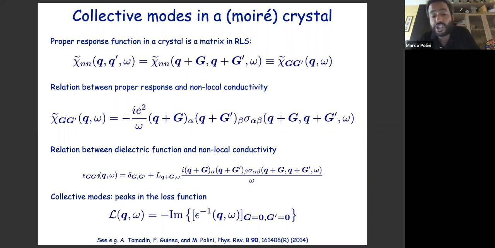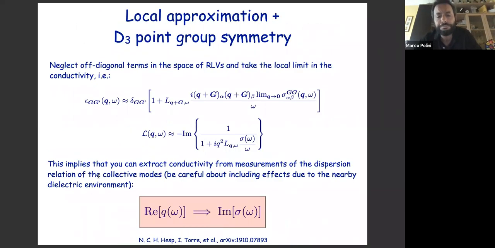That's the imaginary part of the inverse dielectric function viewed as a matrix in GG prime indices, and at the end, after you take the inverse of epsilon, you select only the G equal G prime equal 0 components. So by looking at peaks rather than zeros in the energy loss function, you are able to identify collective modes, okay?